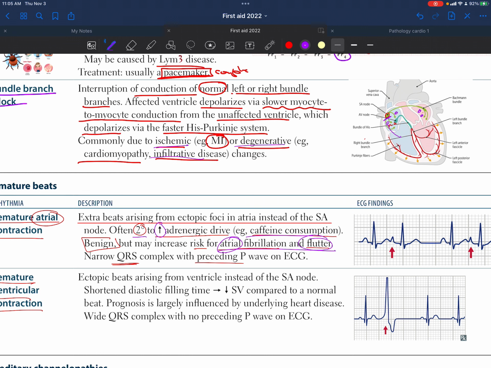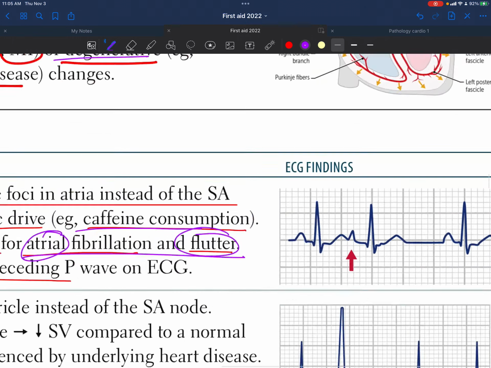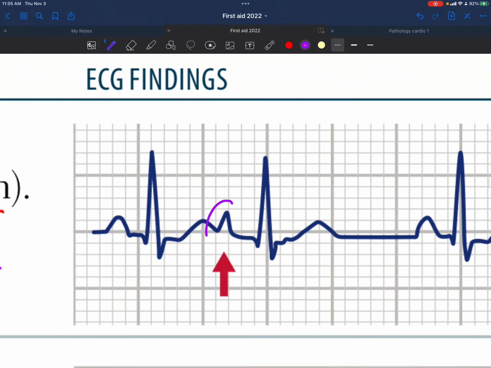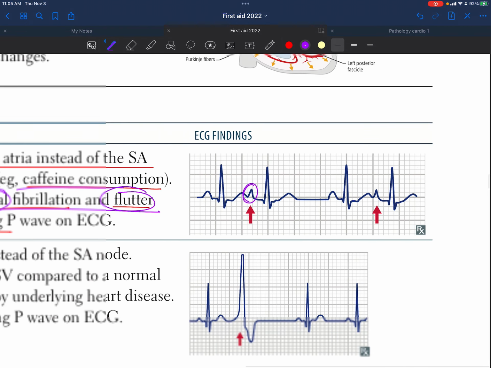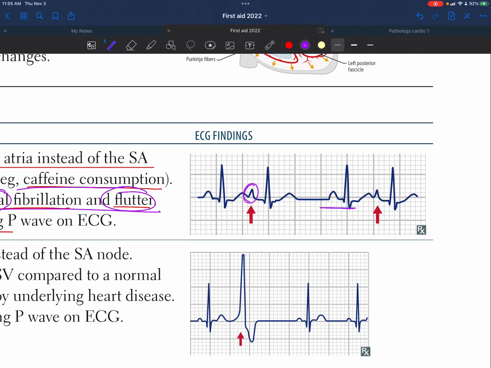So the QRS complex is a narrow QRS complex with a preceding P wave. So this is an ectopic. If we take a look at the whole thing, this seems normal, and this as well seems normal.